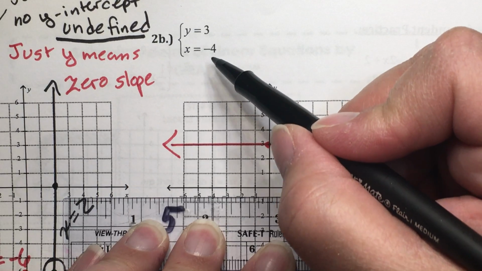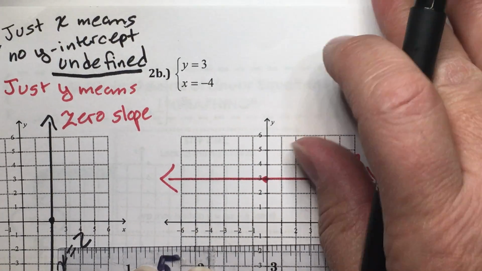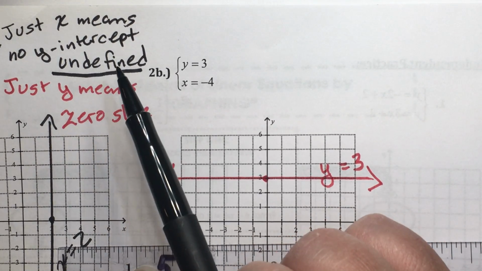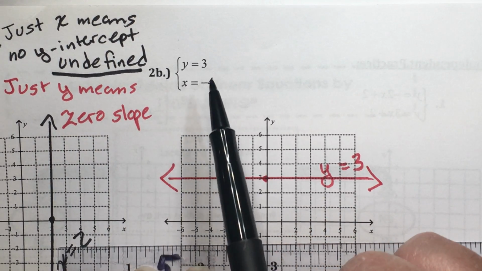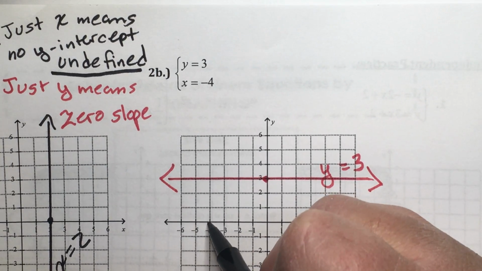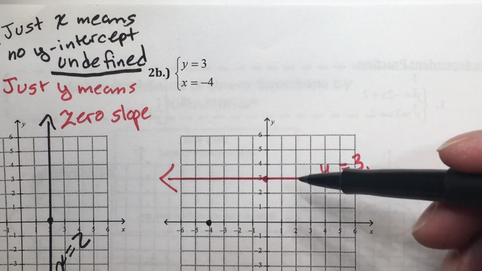Now, the second one, x equals -4. Oh, well, I gotta look at my note here. Just x means no y-intercept, undefined slope. So I'm gonna go to x is -4. Here's x, all the way over to -4. I put my first point, and there's no y.